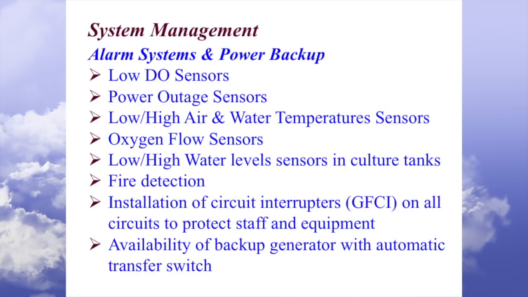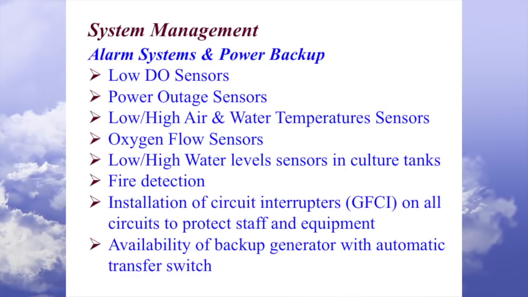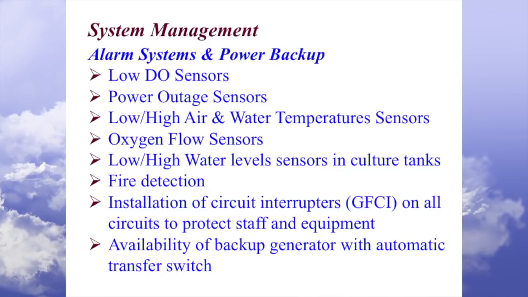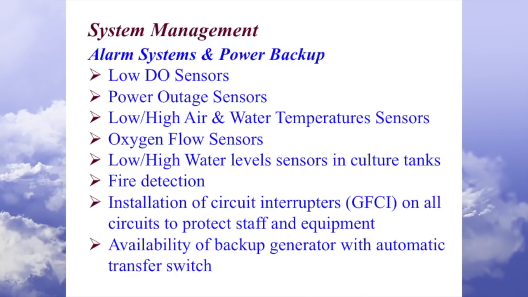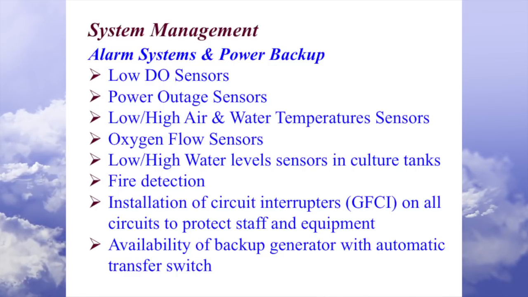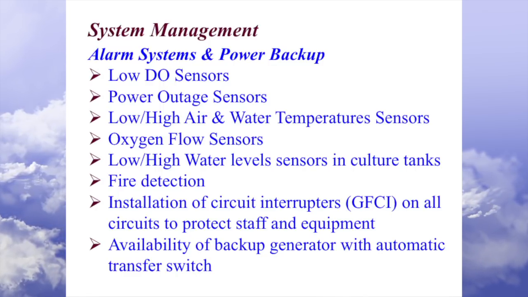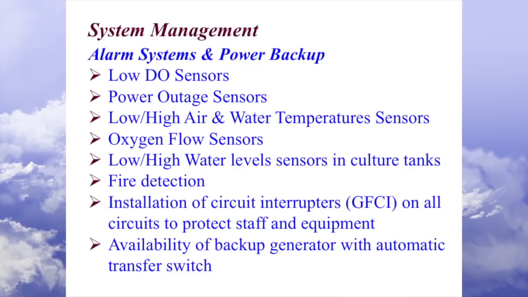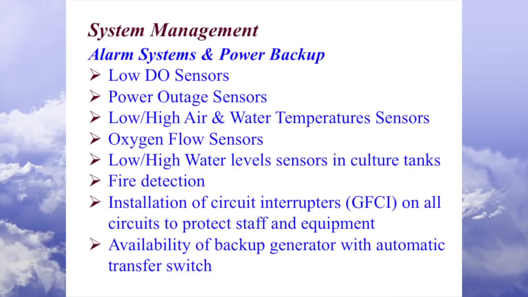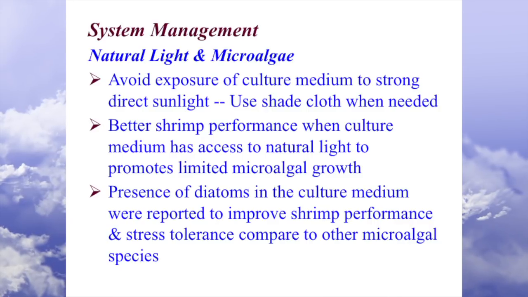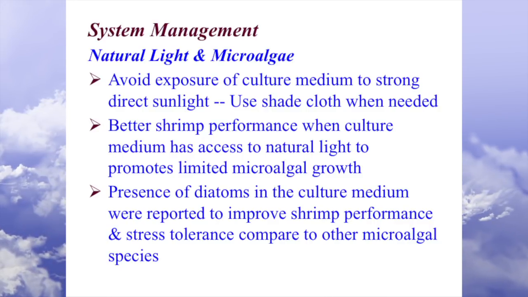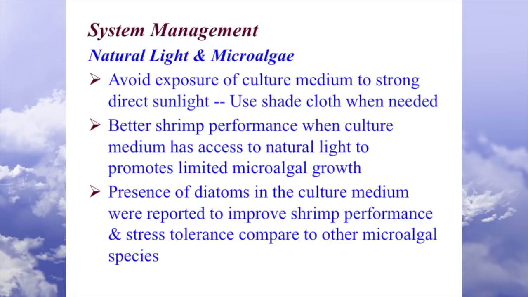Alarm system, you can have these alarm systems that will alert you of low DO, power outage, low or high water level, temperature, oxygen flow, high water level sensor. All of these are available, and again, if you have it in place, it will reduce the chance of losing a crop, because when you're dealing with high biomass, you can lose a crop very quickly.